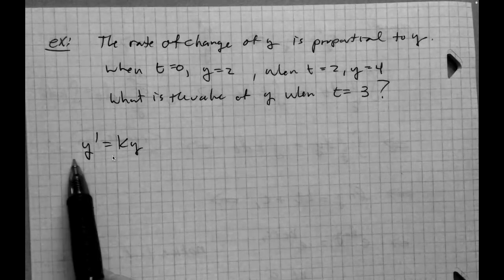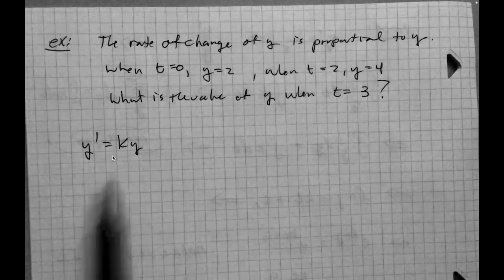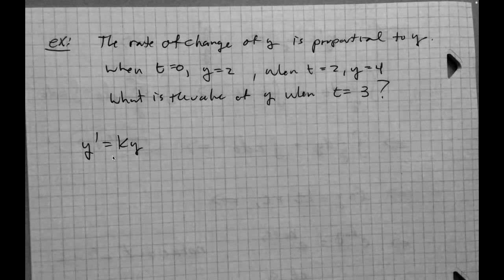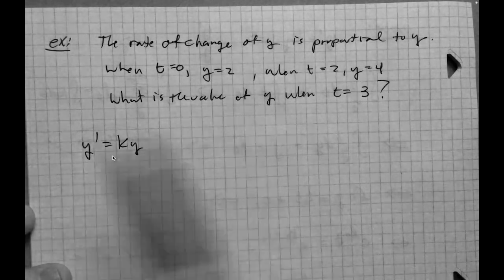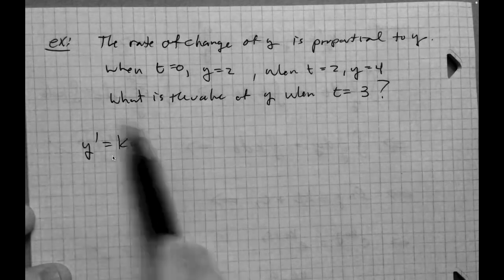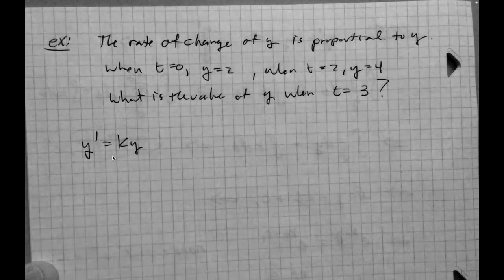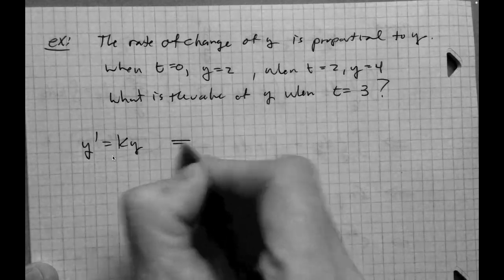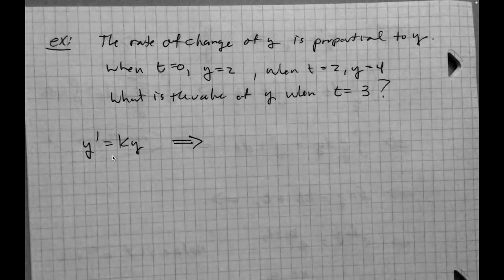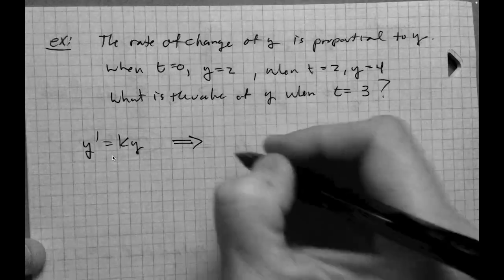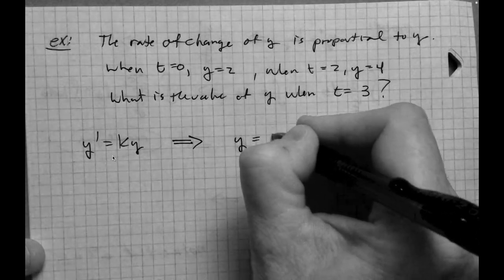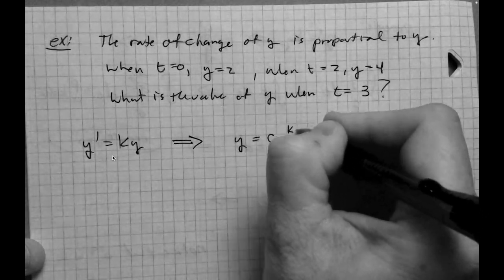And we went through that. That's what this means. So the rate of change and the variable y are related via this equation. And further, given that it's this equation, we know that we have the following: y equals c e to the kt.